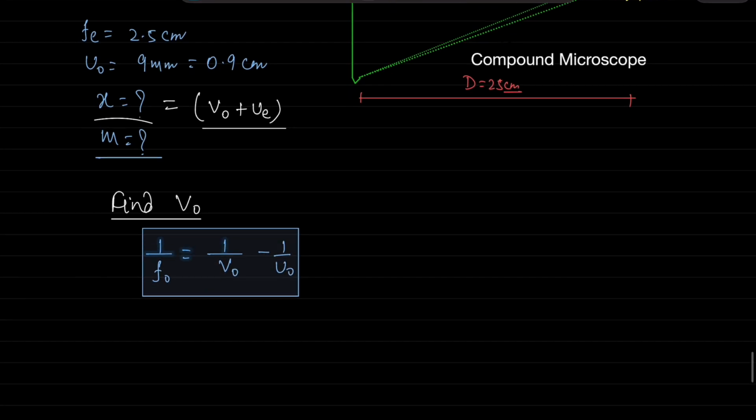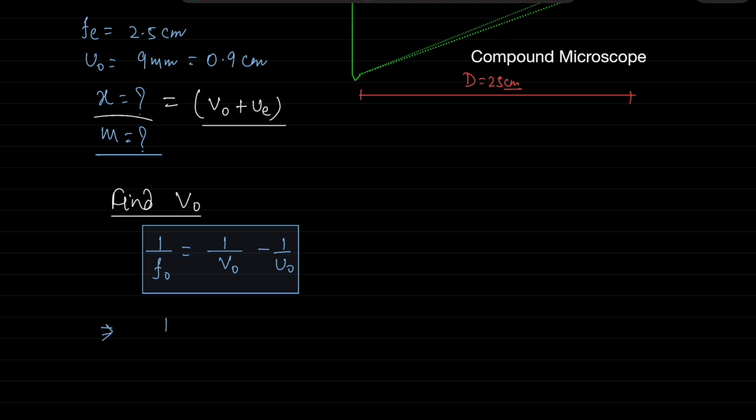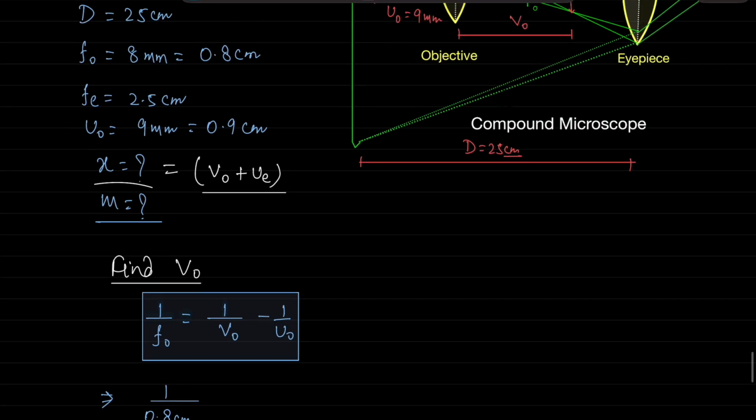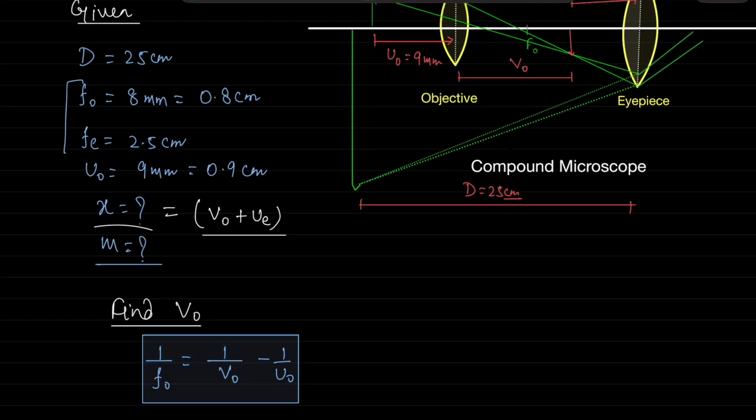And further substitute the value. In the question, FO is given as 0.8 cm. FO and FE both sign convention is positive. This is positive sign convention. UO will be negative and this D is also negative.